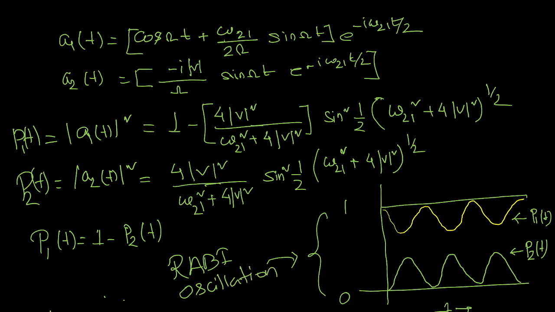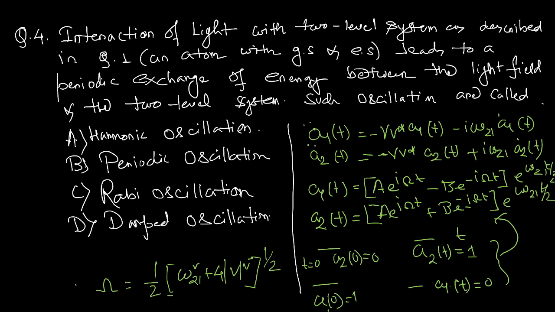So while the probability of state 1, P1, is going down, the population of state 2, P2, is rising up. This kind of oscillation is known as Rabi oscillation. That can only be found when the two coefficients or wave functions are out of phase.